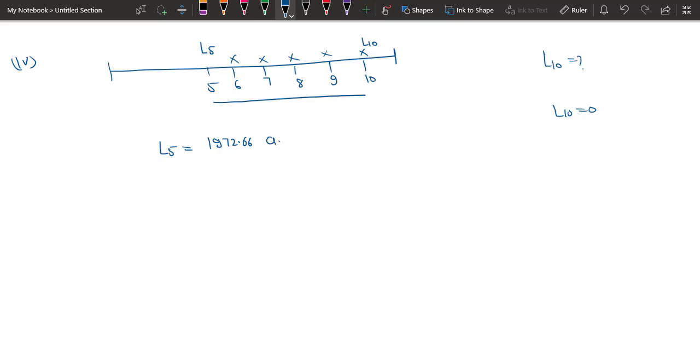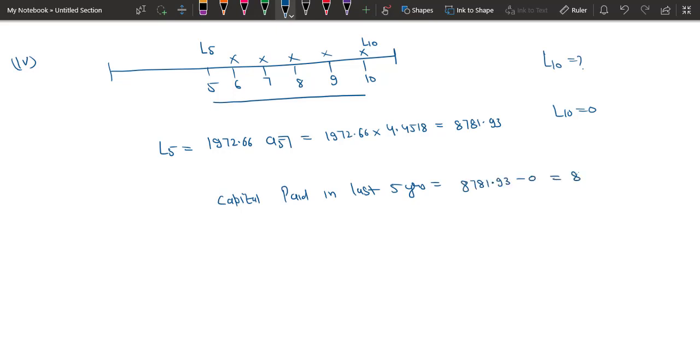So the value of their total number of 5 payments will be A5, and when you calculate this value, it will be 8781.93, and your capital paid in last 5 years will be the difference of 8781.93 minus 0 equal to.